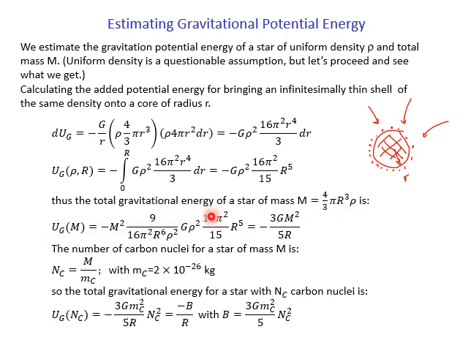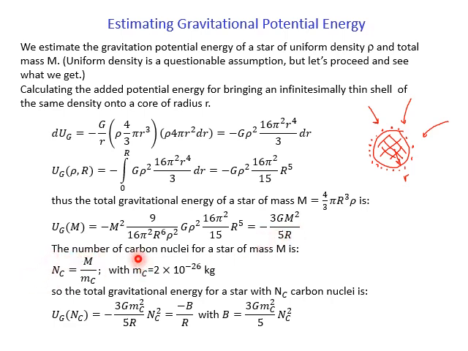So all I'm doing is making substitutions for the mass wherever I can in here. And we end up with 3 times the gravitational constant times the mass of the star squared divided by 5 times the radius of the star. So 3/5 of the potential energy if I brought two masses m to a distance of r from one another. That's actually quite a reasonable number.